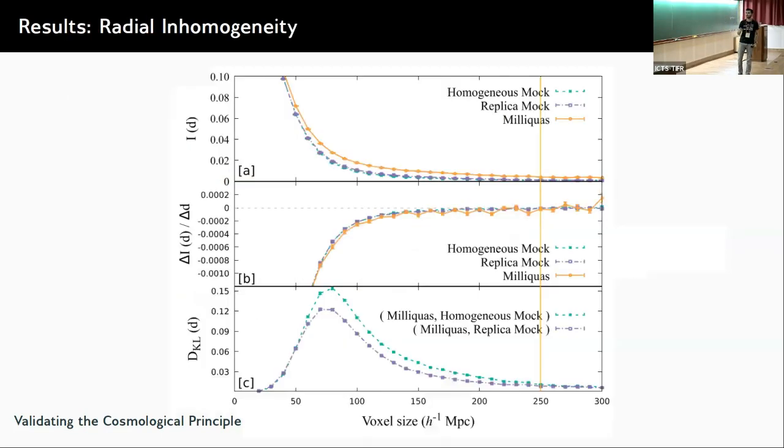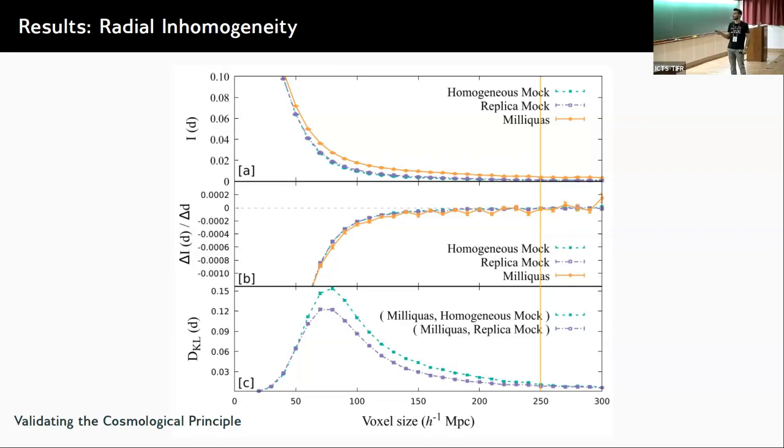Okay, let's get to the results. So here we see Millikas is in red. We actually see the inhomogeneity parameter dropping very quickly as we increase the size of the voxels. What we are interested in is where this inhomogeneity parameter flattens. We can see that at about 250 megaparsecs the slope goes to 0.